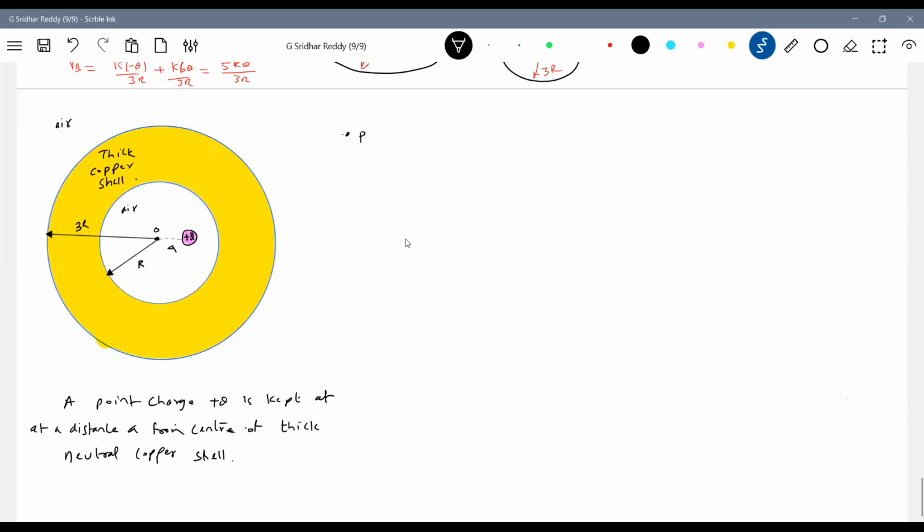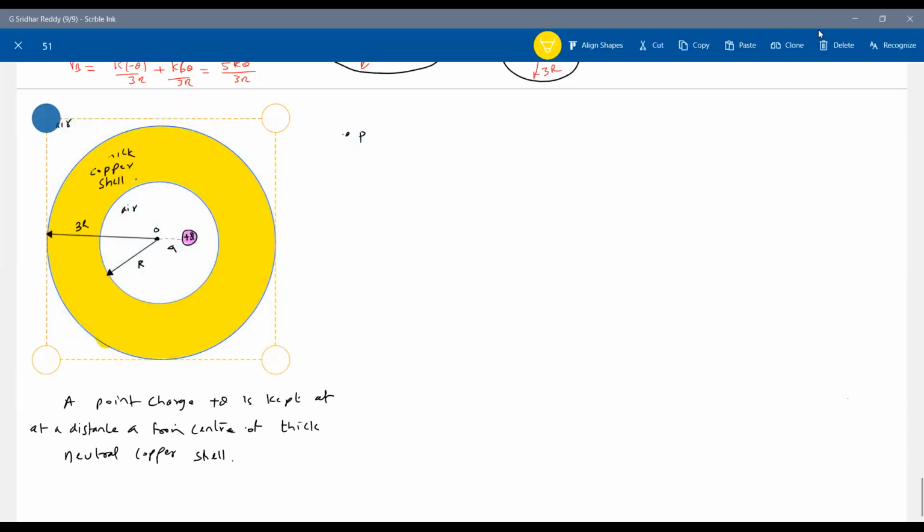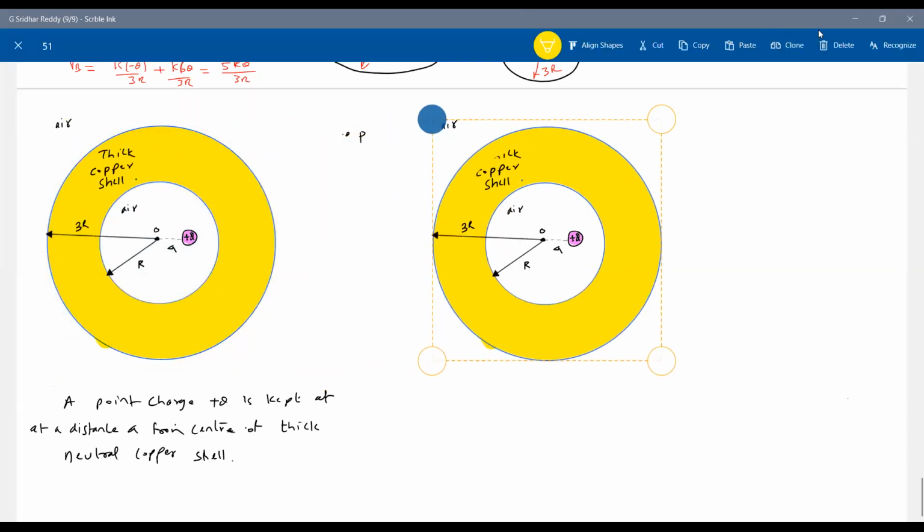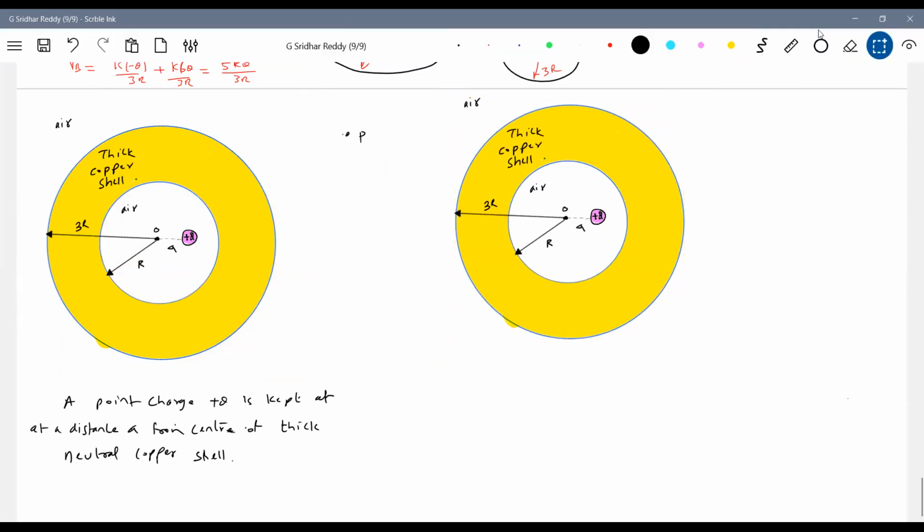Okay, now what will happen? Yesterday we had some cavity idea, the same thing I'm going to consider. It will induce more charge on the inner surface, and the charge on the outer shell should be uniform.